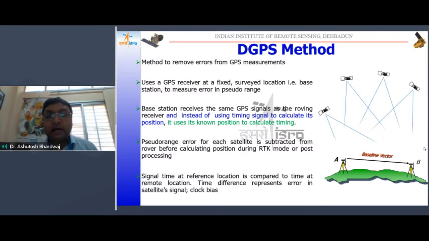So in such cases also, GPS can assist you.